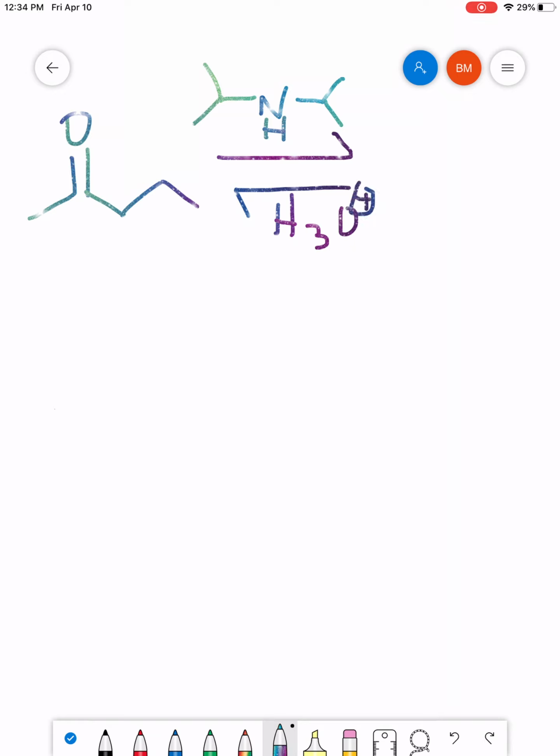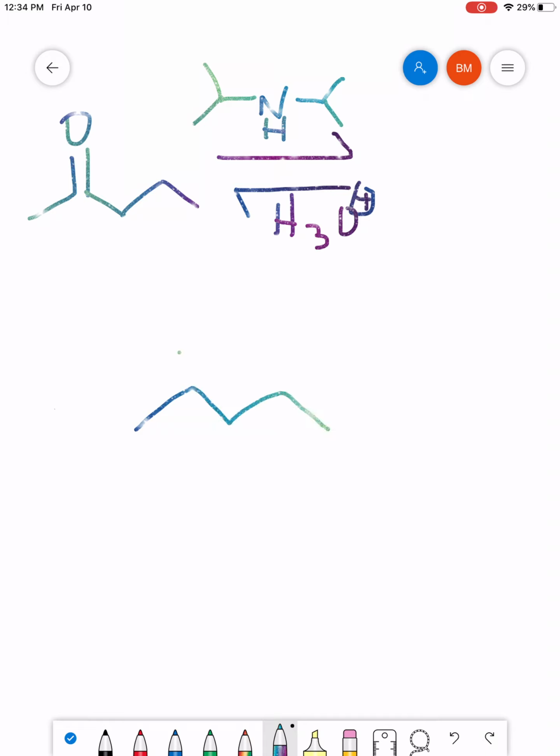But you'll recognize from past examples that basically what we do here when we get to the product, when we get to the enamine, is that carbonyl group, that C double bond O, always changes to a C single bond N. All right, so if we're thinking about products here, I'm just going to draw the products down below.